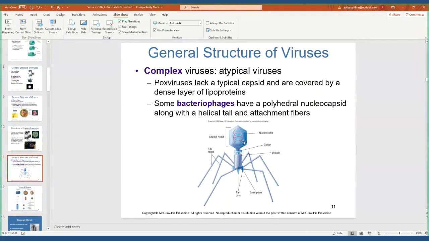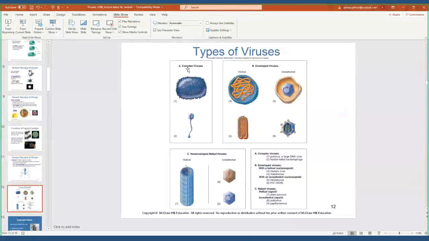Anyway, it's got the little icosahedral capsid, it's got this helical sheath, and it's got these little leg-like tail fibers, and they adhere to a host cell, and this all plunges down here and literally shoots the genetic material into the host cell.